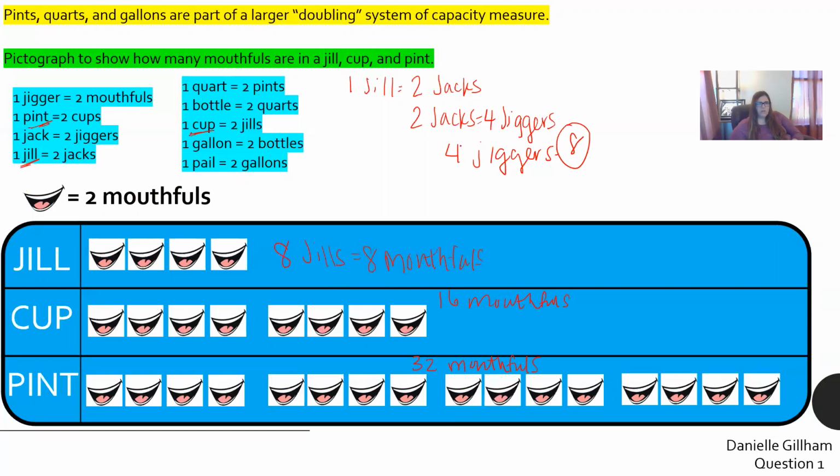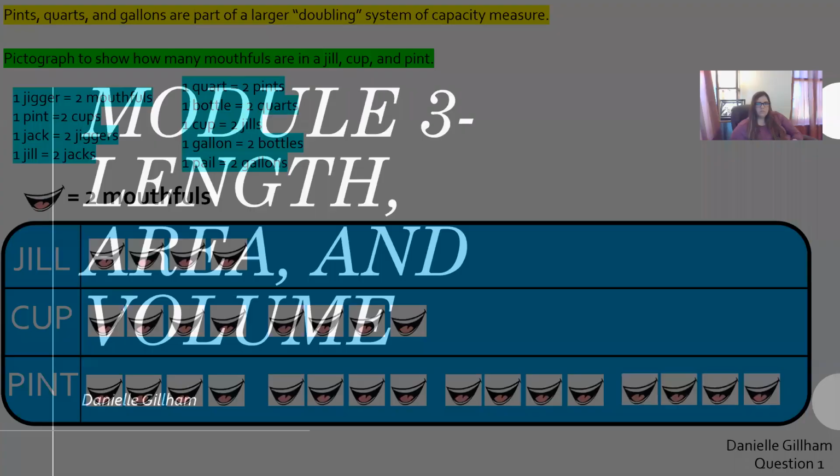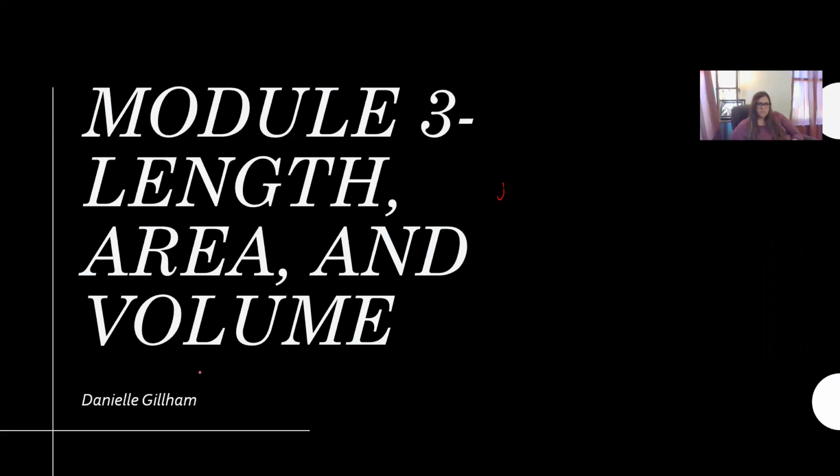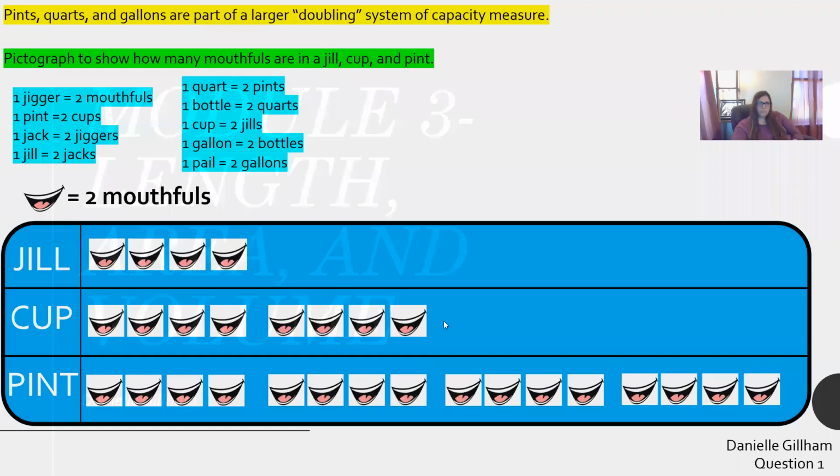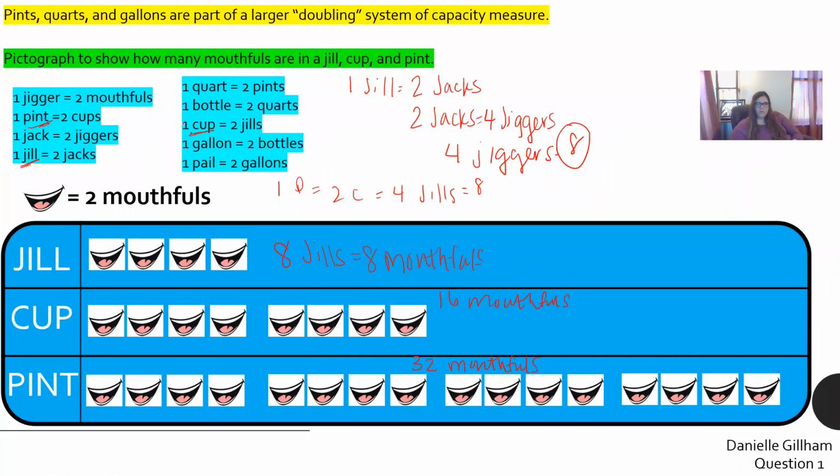So just to continue on that, if you were to have, say, 1 pint, it would equal 2 cups. And 2 cups equals 4 gills. And those 4 gills equal 8 jacks.